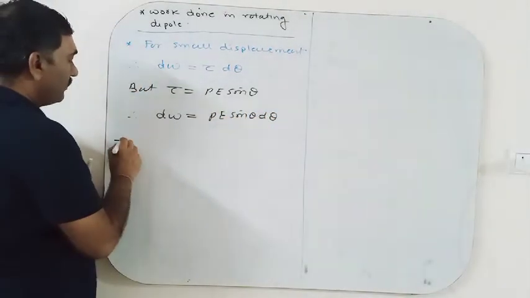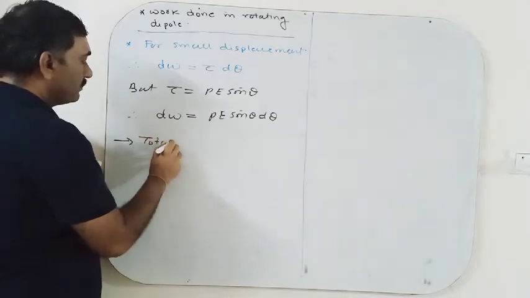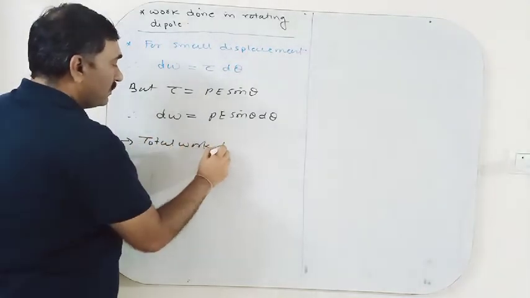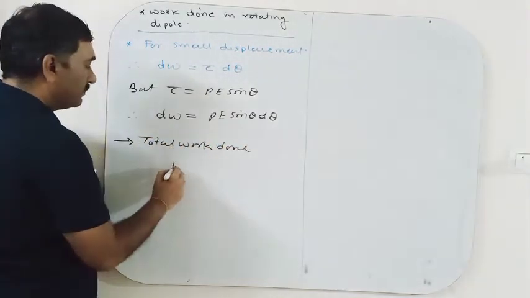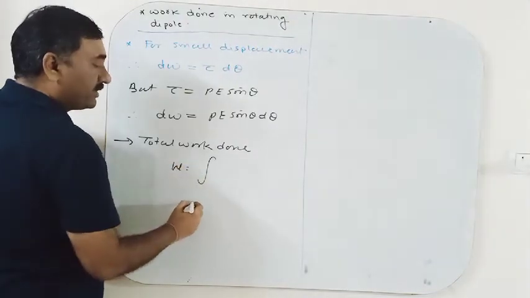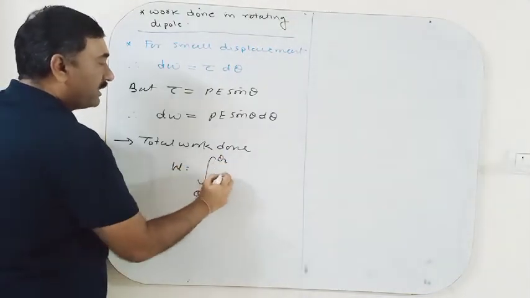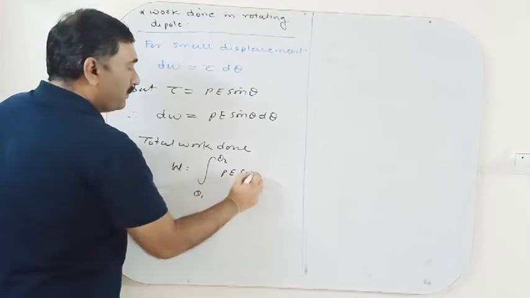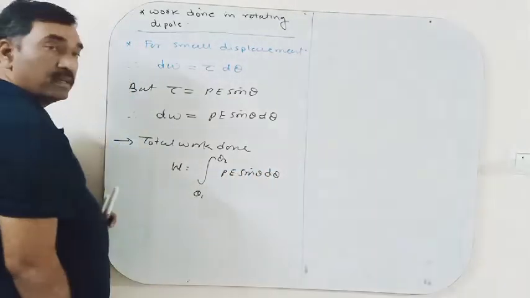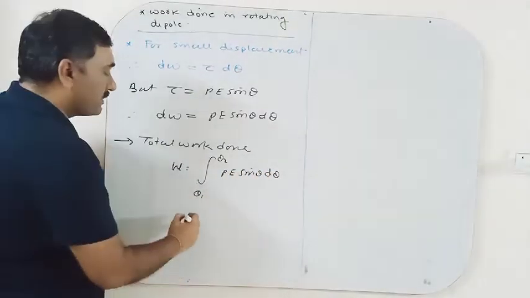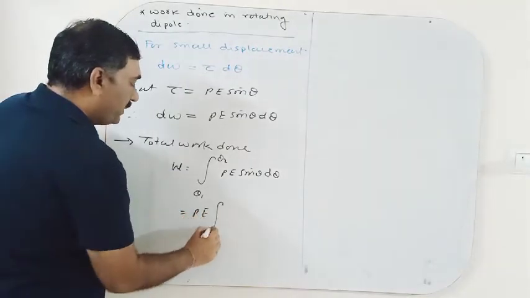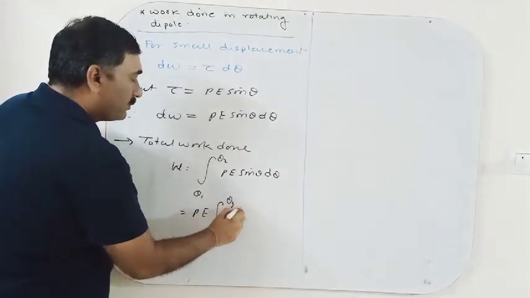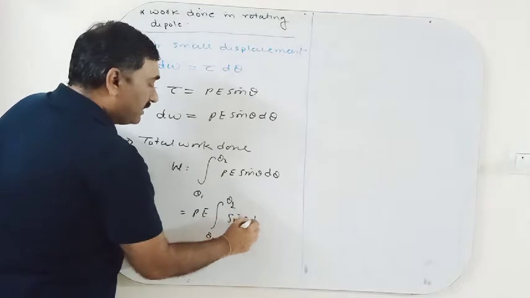Therefore the total work done W is equal to the integration from theta 1 to theta 2 of PE sin theta d theta. The dipole moment and electric field are constant, so PE times the integration from theta 1 to theta 2 of sin theta d theta.